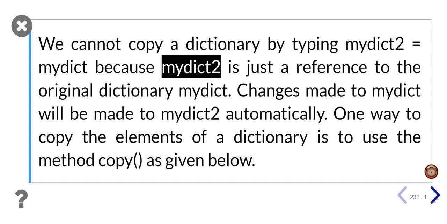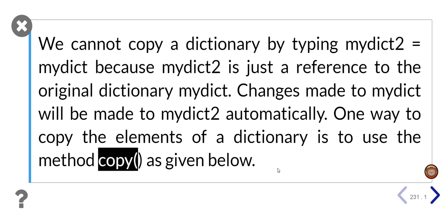So if you really want to copy it as another separate dictionary, then you can use the copy method. This will create two separate dictionaries with the same content but different dictionary names.